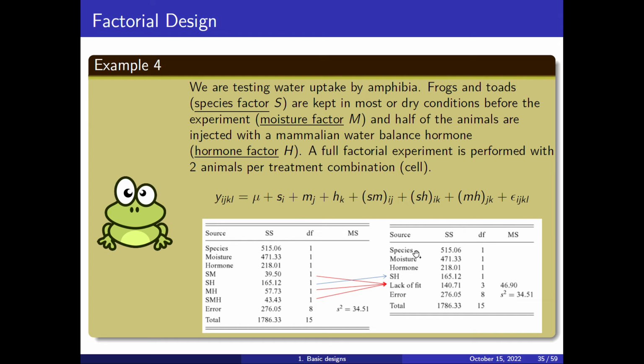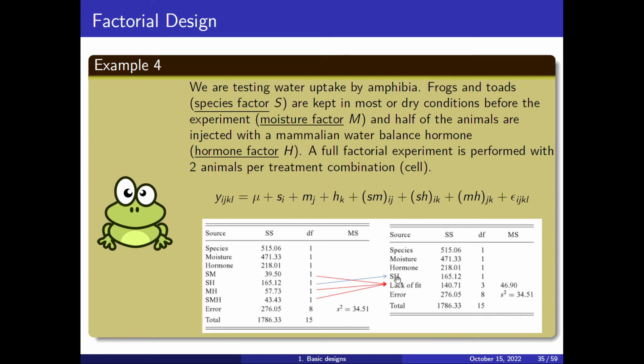Actually, those are the 2 most important variables, because its mean squares, which have not been calculated and are not shown here because it is just dividing by 1, are so high with respect to this one. So these are the 2 most important variables. The hormone makes a difference, but it is not as important as this one.